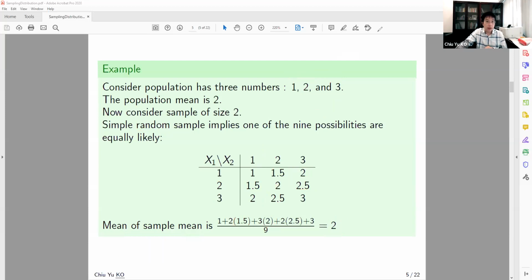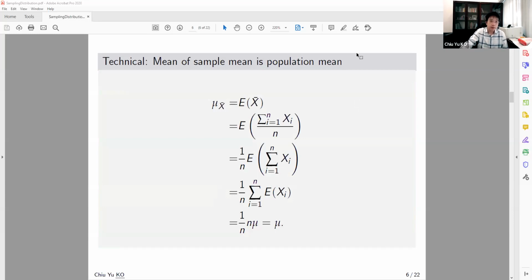Here we do the formal proof. The expected value of the sample mean: the sample mean is the sum of the x over n.